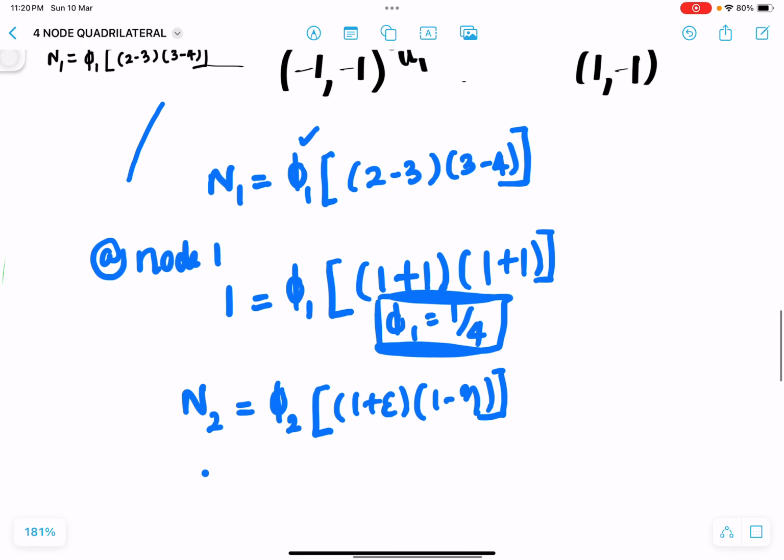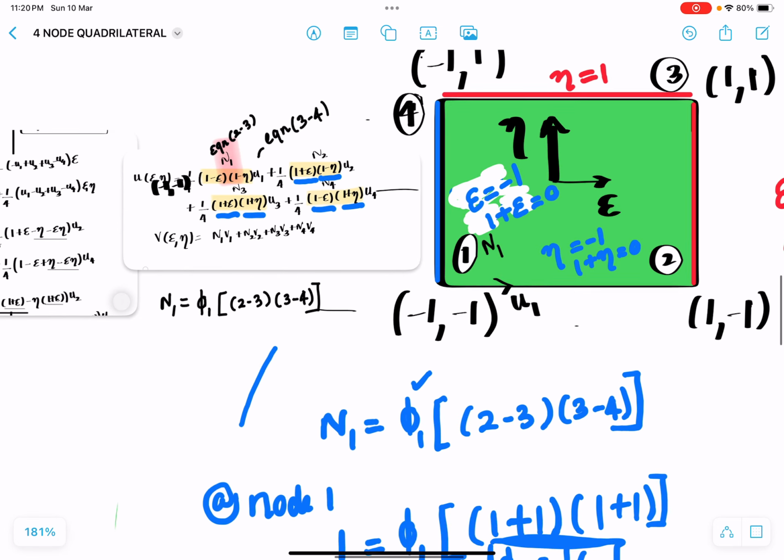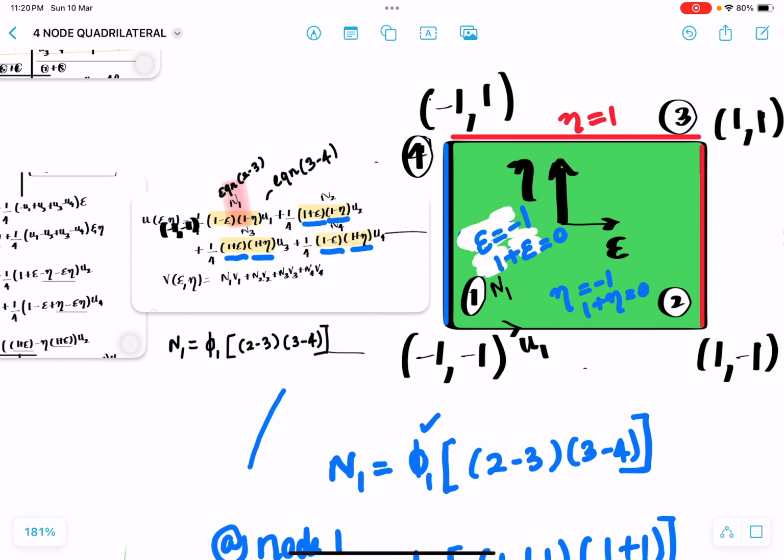So n2 should become 1 at 1 minus 1. So the value of epsilon is 1. So that becomes 1 plus 1, 2. And the value of eta is minus 1. So minus of minus becomes plus. So it is 1 plus 1, 2. So this renders again the value of phi 2 as 1 by 4. So you see, 1 by 4 is what you have outside the coefficients. Okay. Similarly, you can find for n3 and you can also find for n4.